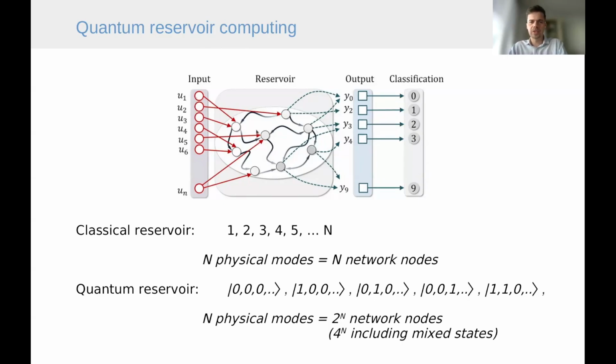For example, if we have n nodes and we consider qubits, we will have 2^n possible states in the basis. So we have, in some sense, 2^n network nodes if we have n physical nodes. If we include mixed states, we'll have even 4^n nodes. So we can see that the effective size of the reservoir can be much, much larger than the physical size. And this is the kind of quantum advantage of this device.